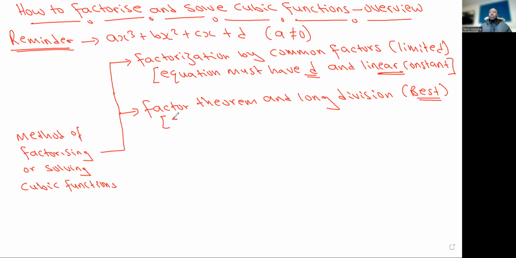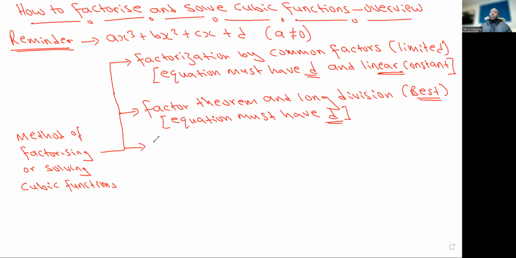But to use this method as well, the equation must have a D. So usually most prefer to use this method. But if the equation does not have a D, sadly you can't use it.